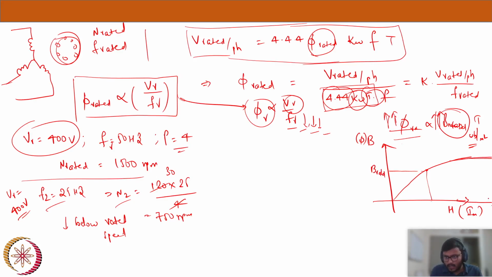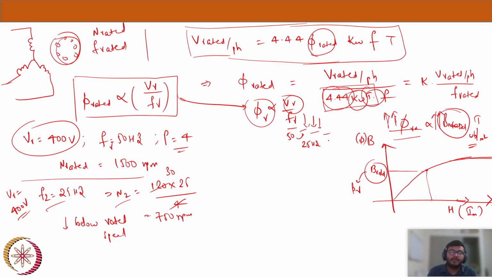This curve is a current curve. The x-axis is the magnetic field intensity, that is H, in units of ampere turns, and the other axis is the magnetic flux density, that is B, in Weber per meter square. Now let's say we have B rated here. I have reduced my frequency by half, from 50 to 25 hertz, right?